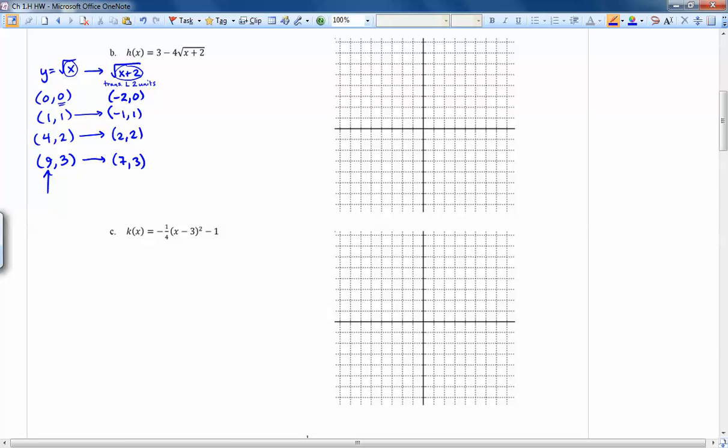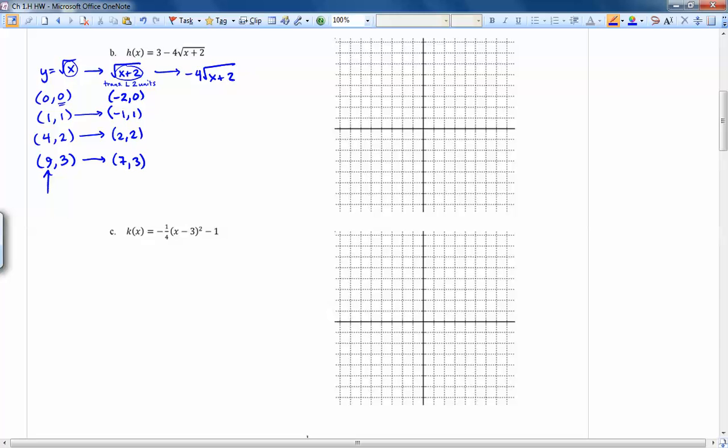Okay, the next thing I'm going to do is throw a negative 4 in front. If you wanted, you could just do times 4 first and then flip everything because it's negative, but let's just do negative 4 all at once. This is the same thing as a vertical stretch by 4 and then flipping it over the x-axis.